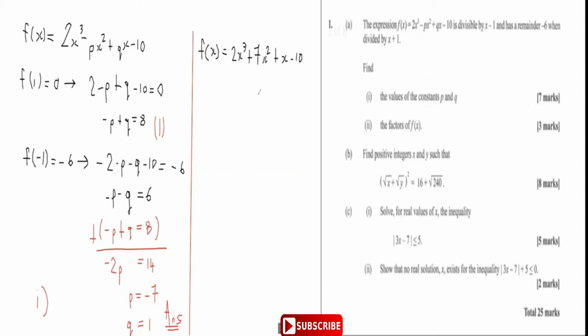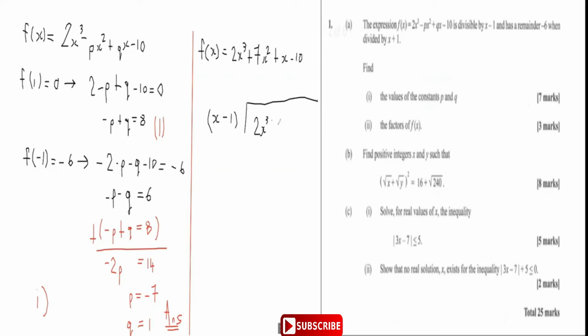Now, we can go ahead and do our polynomial division to find the quadratic factor of f of x. So let's do our polynomial division. Remember, it told us that it is divisible by x minus 1. So we're going to divide the function f of x by its factor of x minus 1.